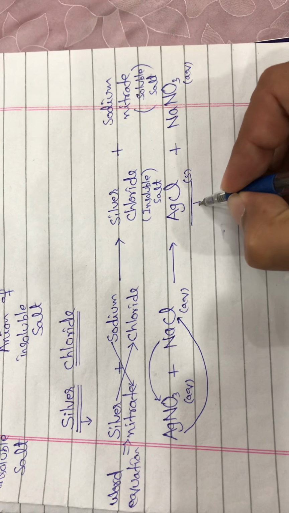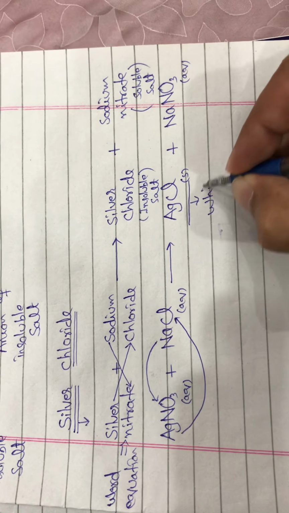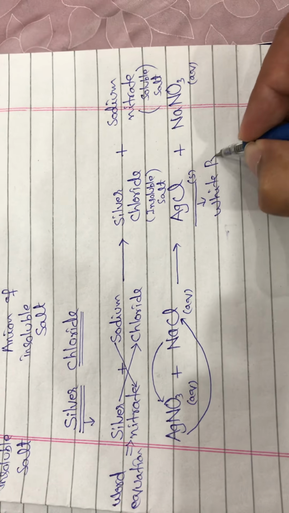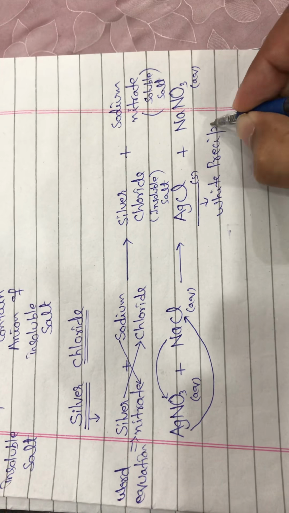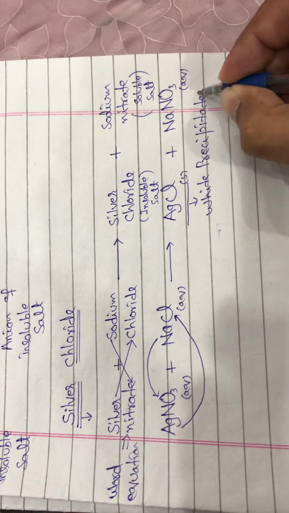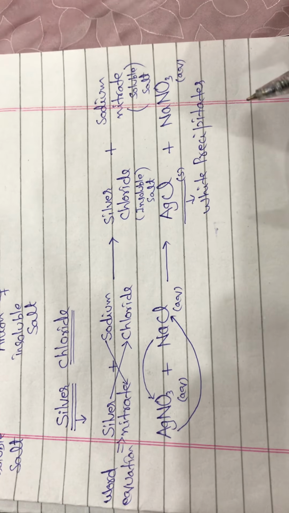Silver chloride will produce a white precipitate. White precipitate means white solid particles will be produced in the mixture.